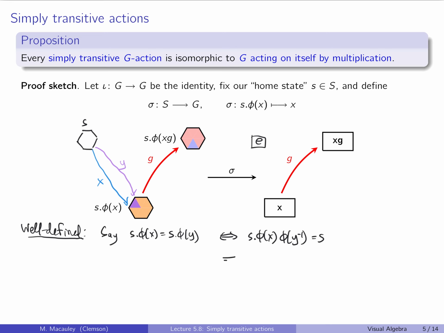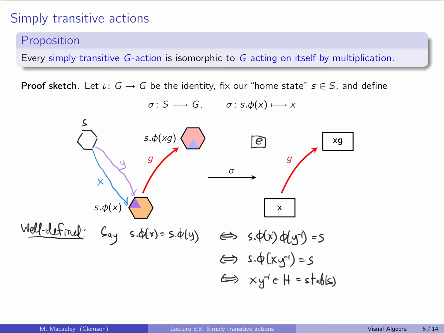And that is the same thing as saying that S dot phi of X Y inverse equals S. And that's the same thing as saying that X Y inverse is in the stabilizer. I'm writing H, but I don't think we're actually going to use H.